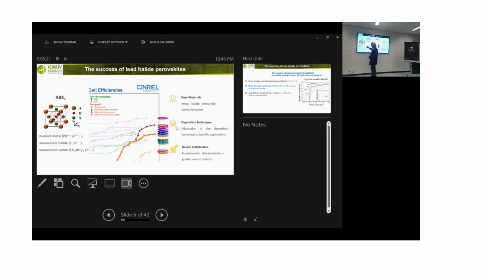In this case, the metal halide is given by a monovalent cation that can be organic, like ammonium, or inorganic, like cesium or rubidium. And the most important, of course, the monovalent halide: typically chloride, bromide, and iodide, no more.